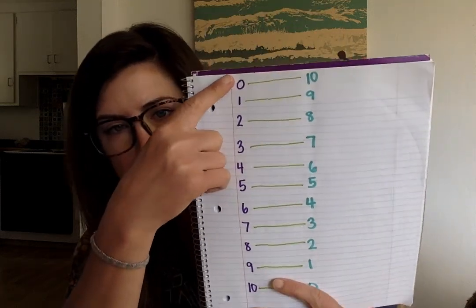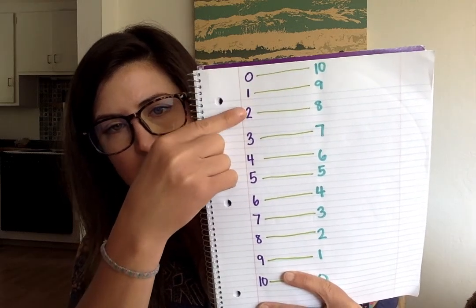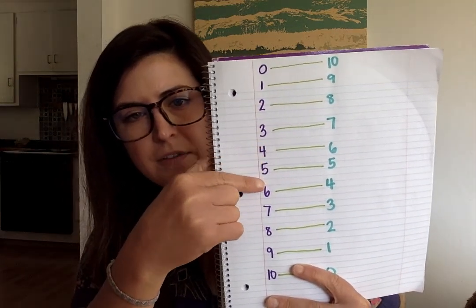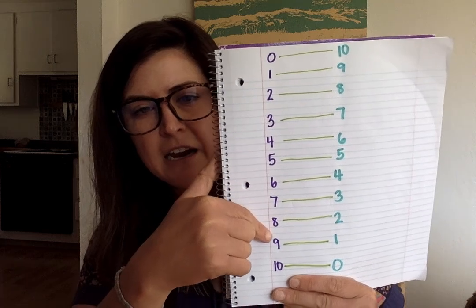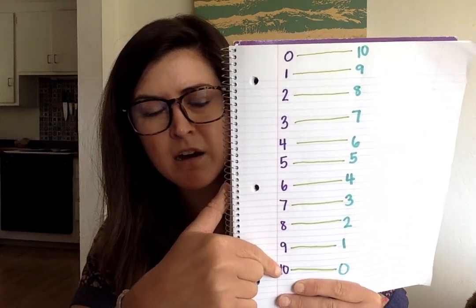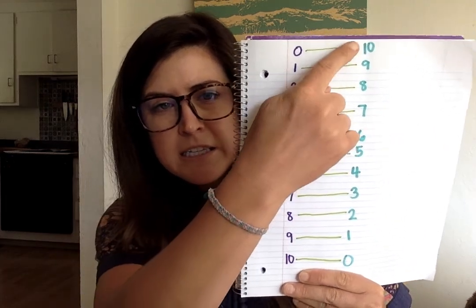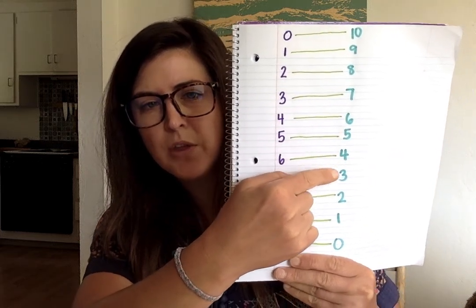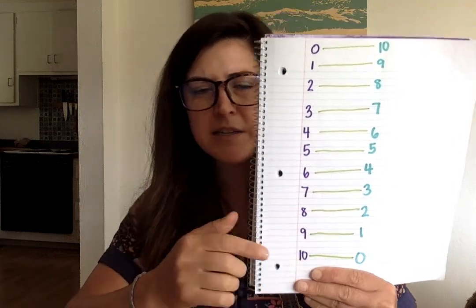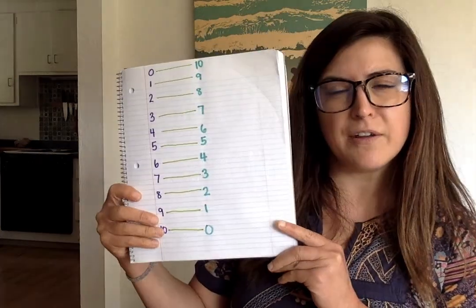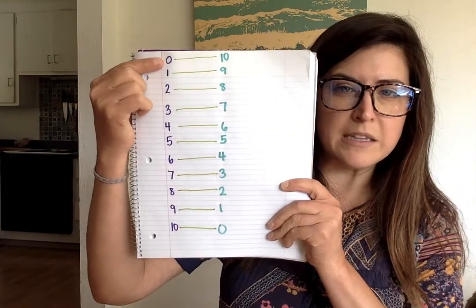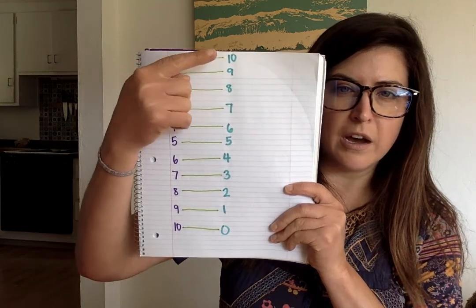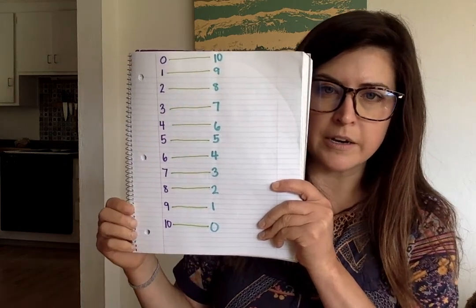So look what happens. 0, 1, 2, 3, 4, 5, 6, 7, 8, 9, 10. 10, 9, 8, 7, 6, 5, 4, 3, 2, 1, 0. That's kind of crazy. As one gets bigger, the other gets one smaller.